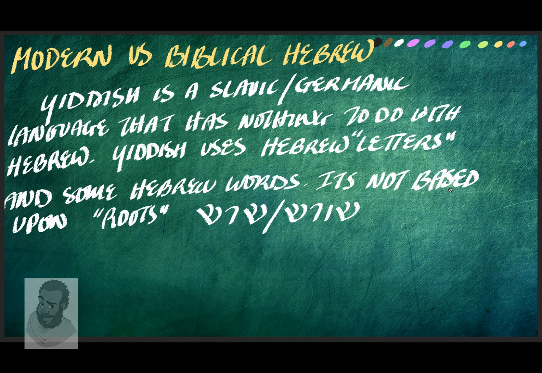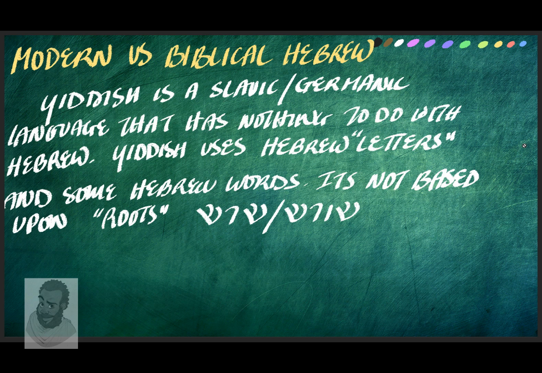Okay? Some people say kise, which in modern Hebrew means chair, in biblical it means throne. That might or might not have been Hebrew. It might have been Akkadian, because it has no root. Again, that is just how it is.